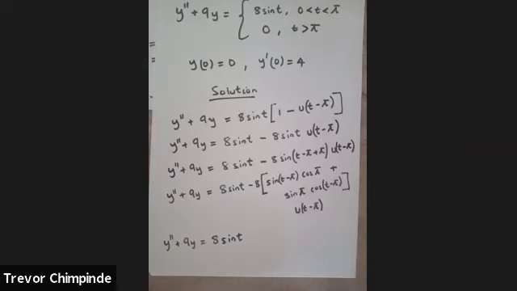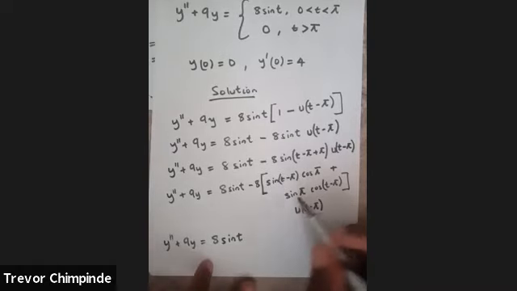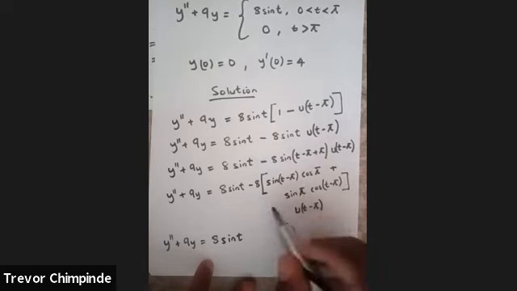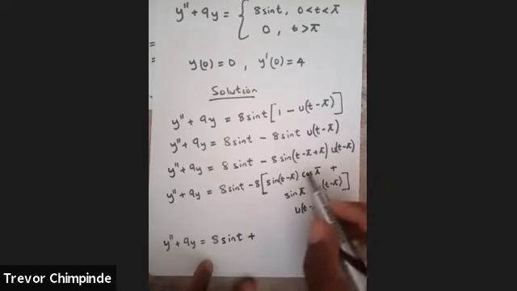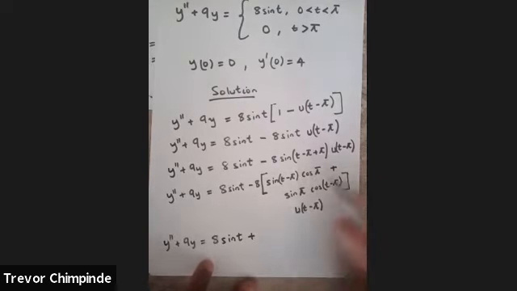One. Not minus 1. That's minus 1. Yes, minus 1. And the sine of pi is 0, right? So this will fall out and this will become plus. I hope you know why this has become plus, because cosine of pi is minus 1.